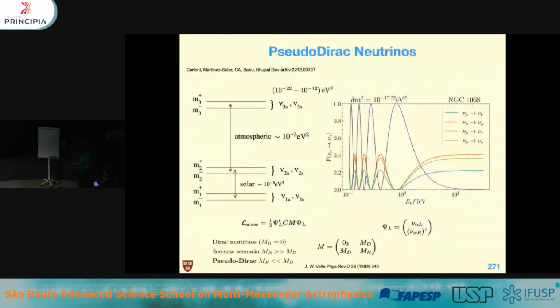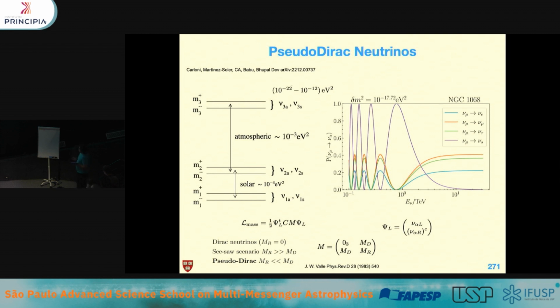Okay. So one thing that you can have is something known as a pseudo-Dirac neutrino scenario. This is a scenario where the neutrino masses are coming from some Dirac-like mechanism, but there is a small correction that comes from essentially GUT scale physics. That small correction produces a small difference between the normal neutrinos and some new neutrinos that are responsible for the neutrino masses, known as sterile neutrinos, or right-handed neutrinos.